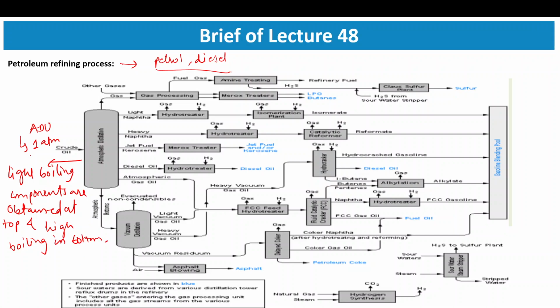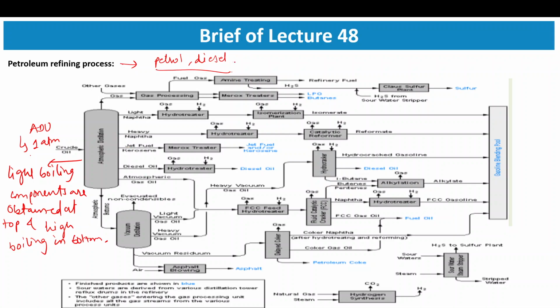Right, so this is the basic working principle of distillation or any distillation column. Since crude oil has n number of products, you will not just have one single top product and one single bottom product. You will have various cuts.